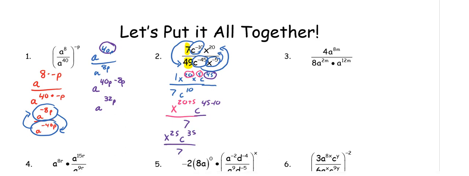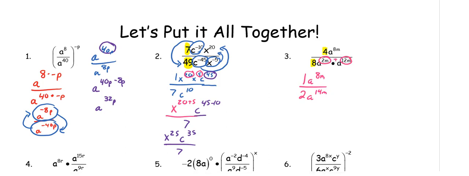Number 4, before I can subtract my exponents, I notice that I have bases in the denominator that can be added together first. We also have the numbers 4 and 8, which can be reduced. So when we reduce those, we have 1a to the 8m over 2a to the 14m, because I'm going to add those exponents together of 2 and 12.